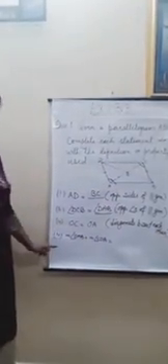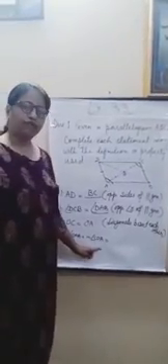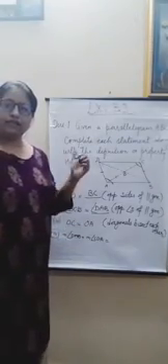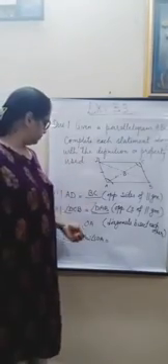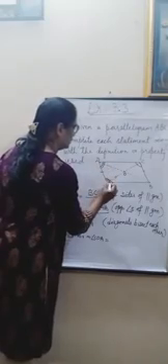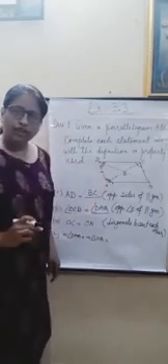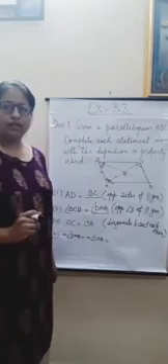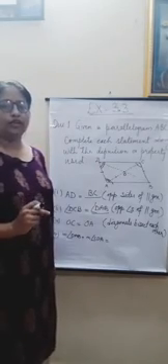Now the fourth one, measure of angle DAB plus measure of angle CDA. Just now I told you that DAB and CDA, these two angles, are consecutive interior angles and their sum is equal to 180 degrees.